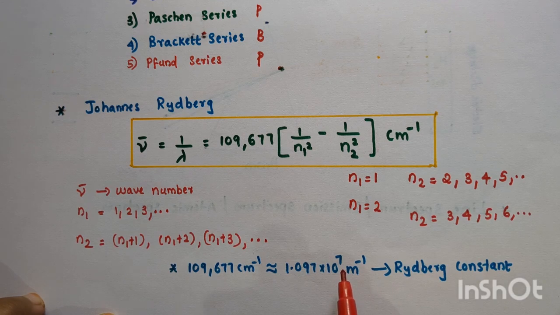This value is called the Rydberg constant for hydrogen.